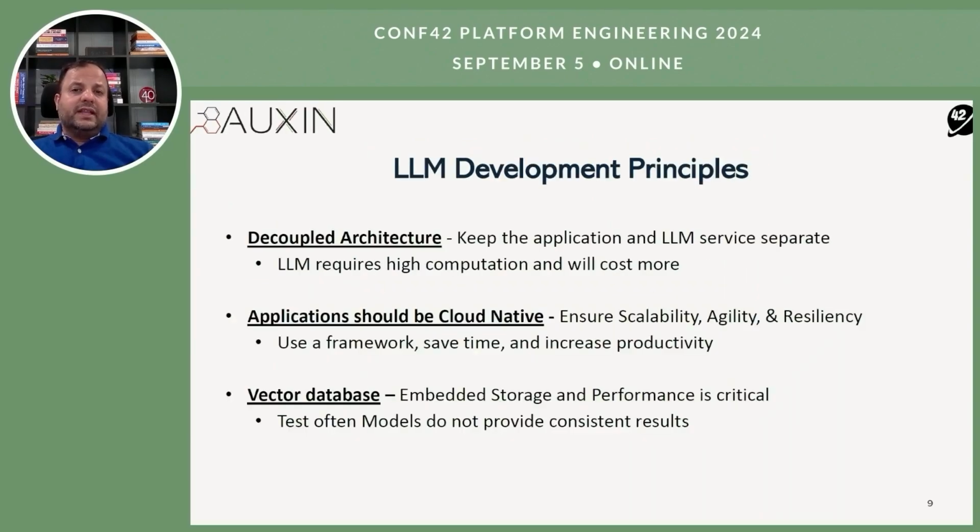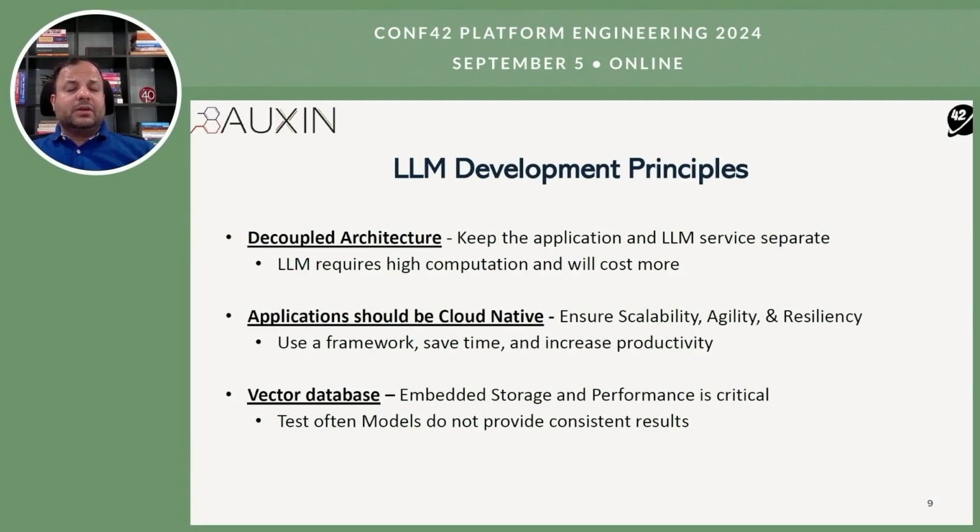Before we get further, I'd like to point out three large principles for data application security for LLM applications. One, decoupled architecture. Applications should be cloud native whenever possible. Applications should use managed services as much as possible. And for vector databases, storage and performance should be considered. Now, these principles are not entirely for LLM application development or secure development, but they're part of general principles that you should consider.